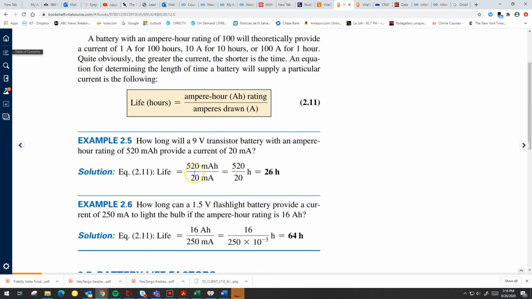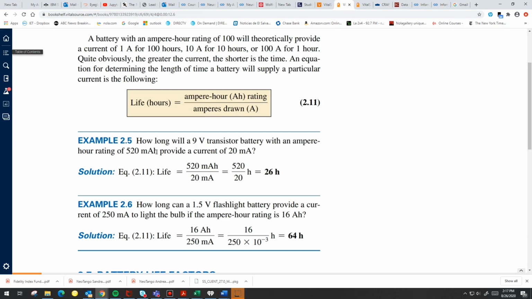Okay, for example, it says you have a 9-volt battery, and you read in the specifications for that battery that it has an ampere hour rating of 520 milliamp hours. So it says, how long will this 9-volt battery provide a current of 20 milliamps?